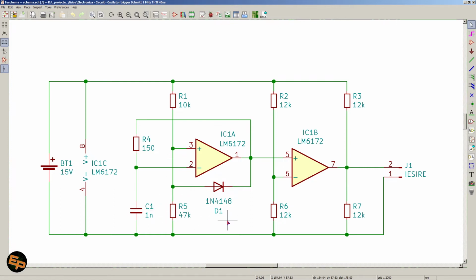R5 will be almost as if it doesn't exist, and so the reference voltage will suddenly drop from 12.3 volts to only about 2 volts.